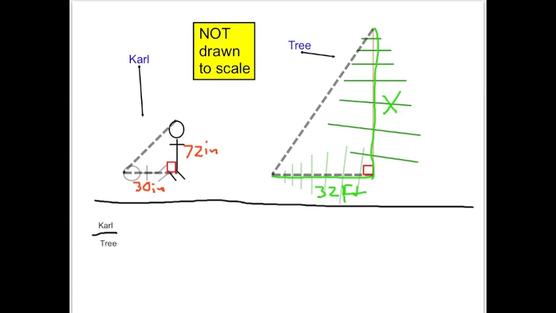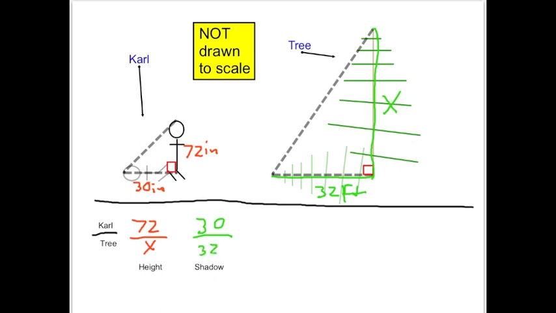And now Carl's height is known, but the tree's height is unknown. We'll use the ratio of shadows as the known ratio. Carl's shadow is 30 inches long. The shadow of the tree is 32 feet long.